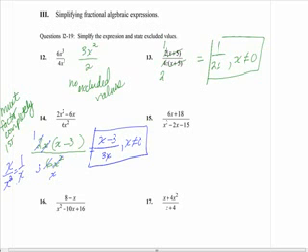Okay? Now let's look at number 15. Number 15, try to GCF the top. Okay? Katie, what's the greatest common factor in the numerator on 15? 6. Good. So we'll write that as 6 times x plus something. Now the denominator is a trinomial, so that's going to factor into 2 sets of parentheses.